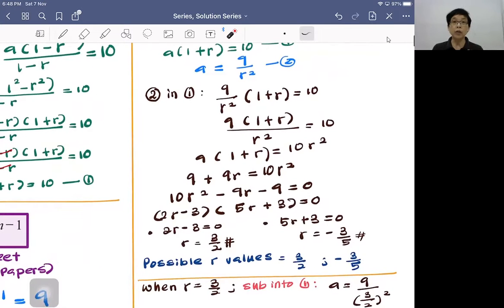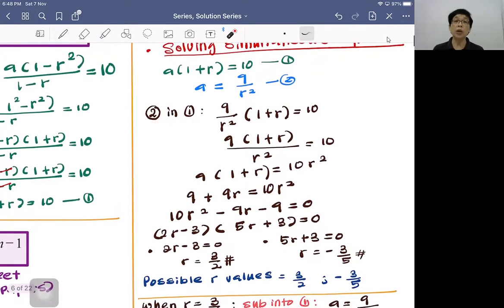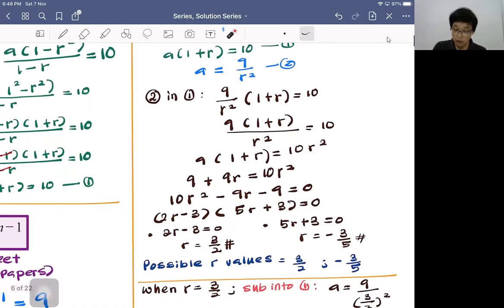We will try to rearrange, and then we will try to simplify and solve for r, because by the substitution just now, 2 in 1, we have eliminated a. Now we go on from here. Let's cross multiply. Multiply the r squared across. This is what we get.